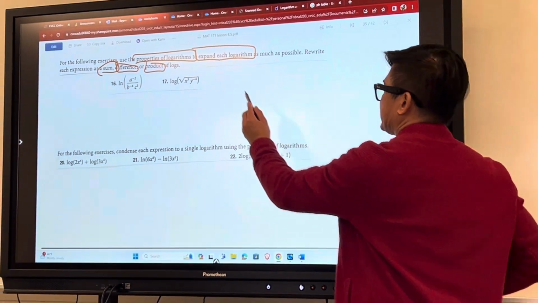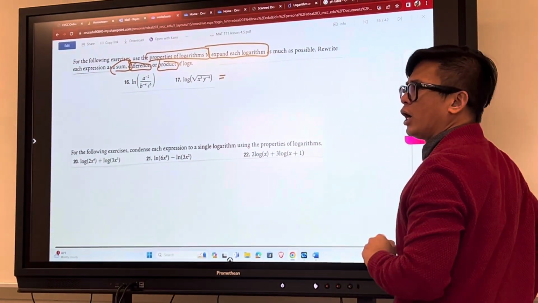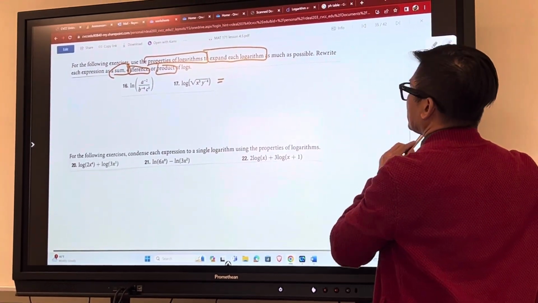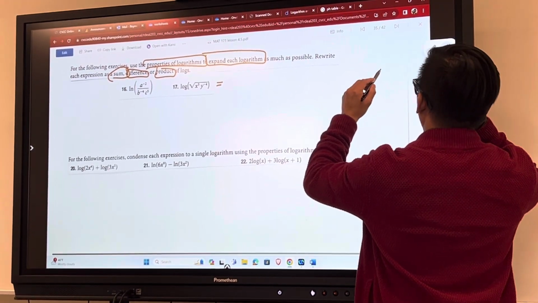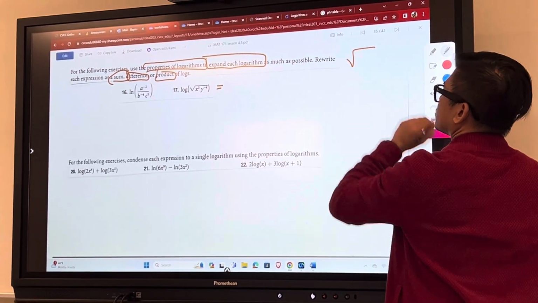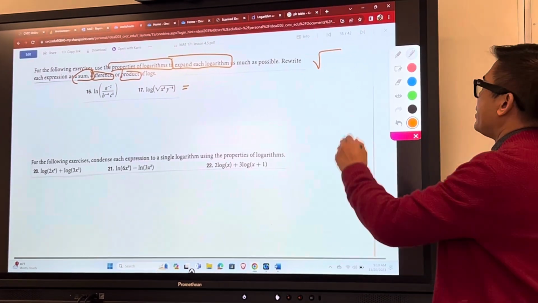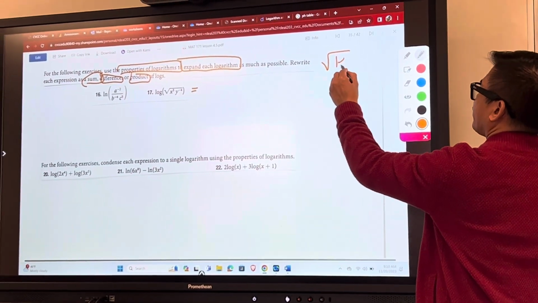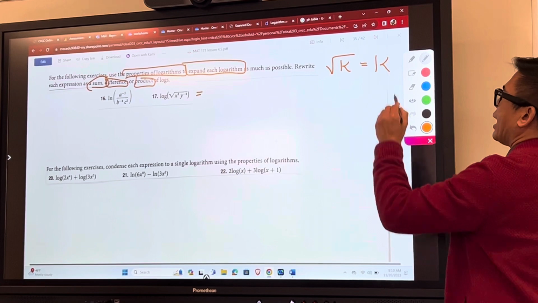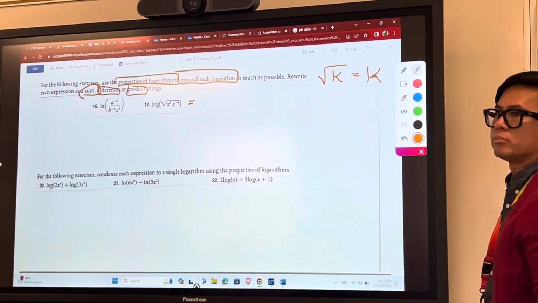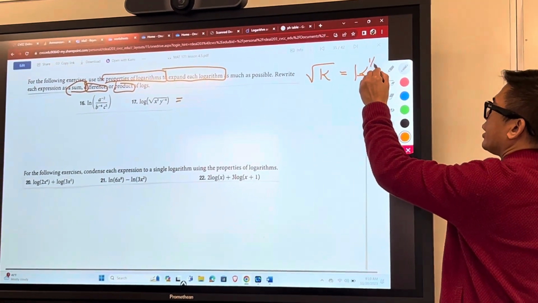Let's try number 17. First of all, what do we do with number 17? If you see a square root, the square root of k means k to what power? 1/2. Very good, that is correct. Very good, Celia.